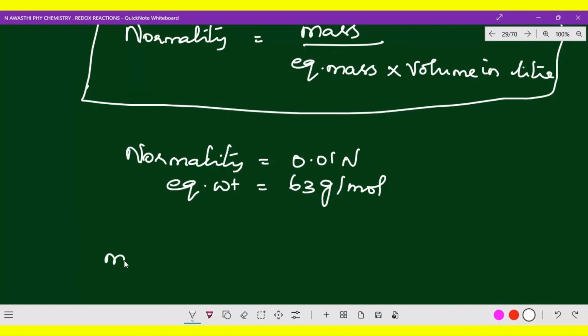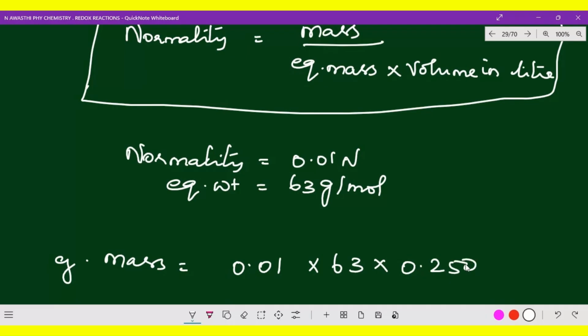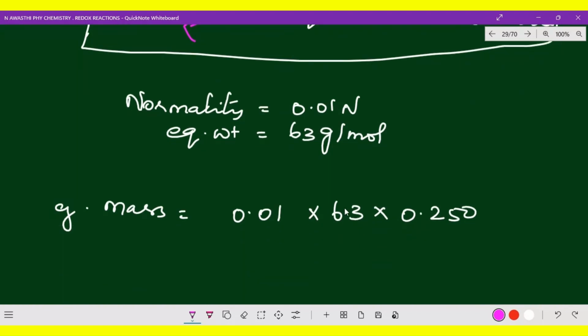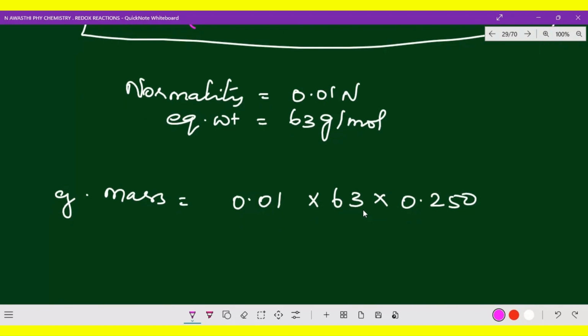So given mass equals 0.01 into 63 into 0.250. Why did I put 0.250 here? When we bring the given mass out, it will be multiplied. So normality 0.01, equivalent mass 63, and volume in liter: they have given 250 ml, so we converted it into liter, that is 0.25, right?